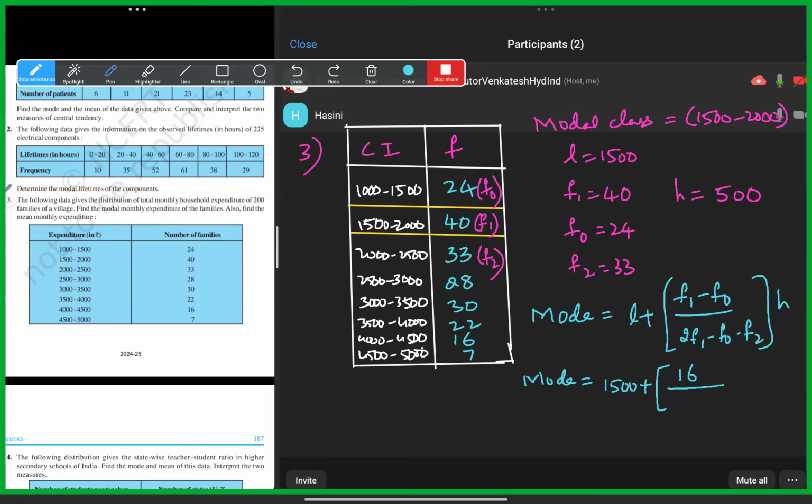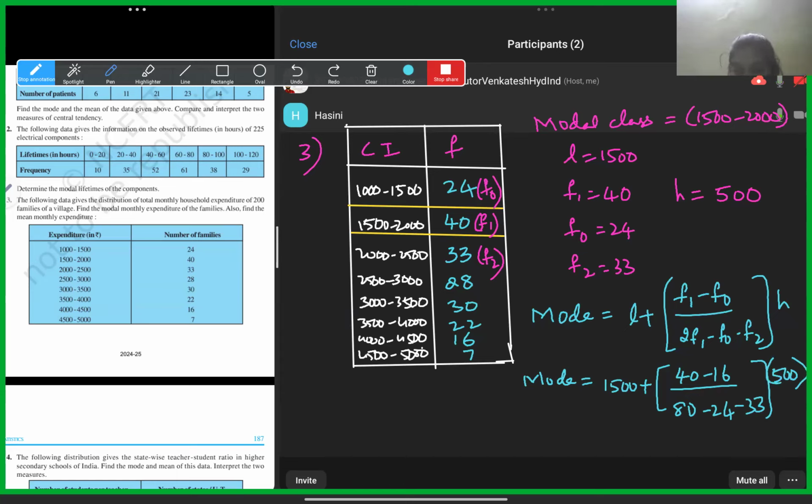Shall I write directly, Hasmi? Yes, you can write directly. 2F1 is 2 into 40, 80, minus F0 is 24, minus F2 is 33, into H is 500.